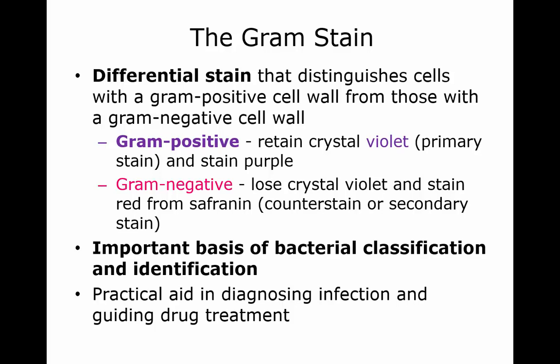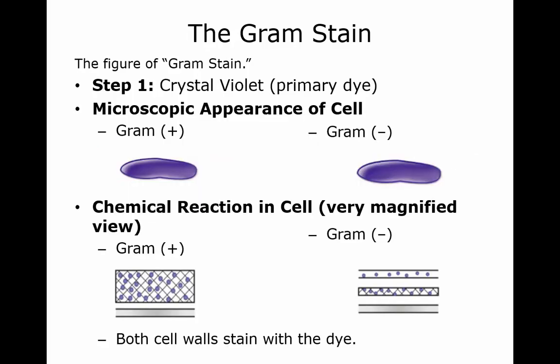It's the primary stain involved in Gram staining. Gram-negative bacteria actually lose the crystal violet, and they take on what we call a counterstain, which is known as safranin, and gives them a reddish or pinkish color. So before we go any further, just note gram-positive is going to stain purple, gram-negative is going to stain reddish pink. And this stain is so very important in bacterial identification. So we're going to be using this a lot this semester.